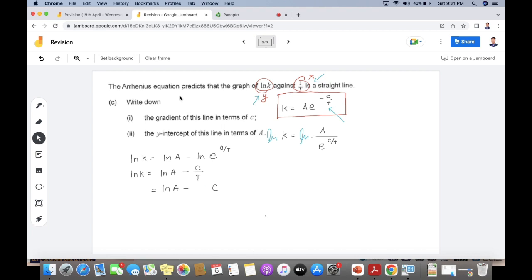So ln k somehow serves as our y, and this one, 1 over T, somehow serves as our x.